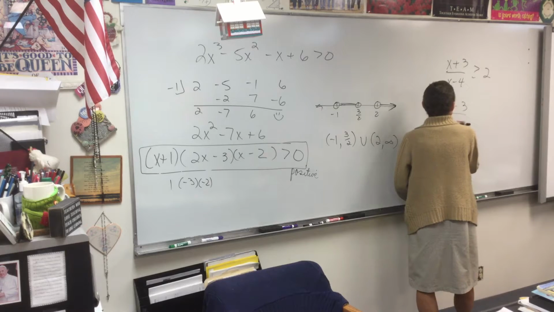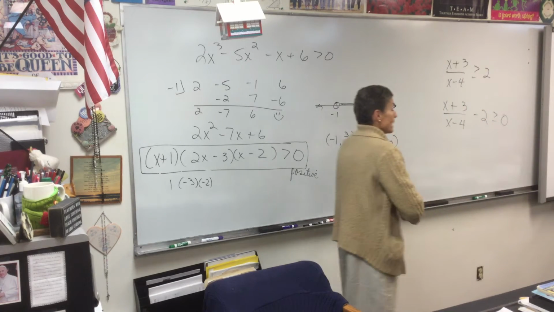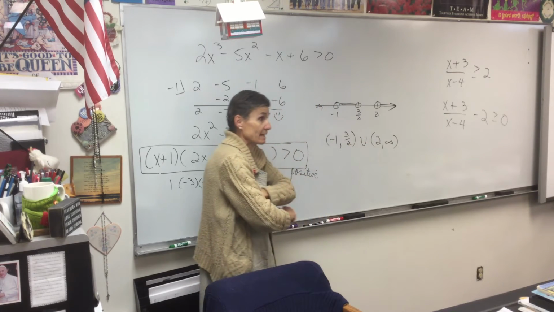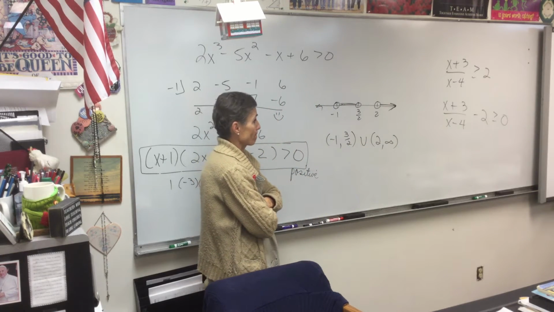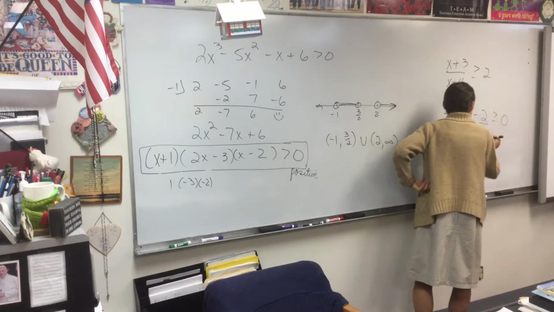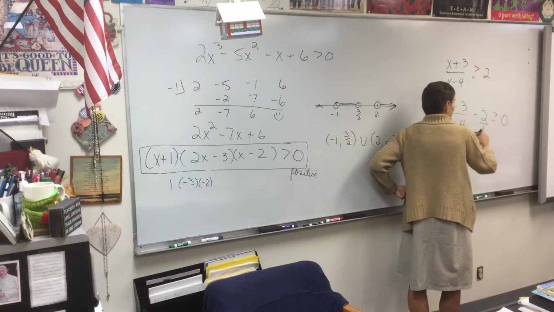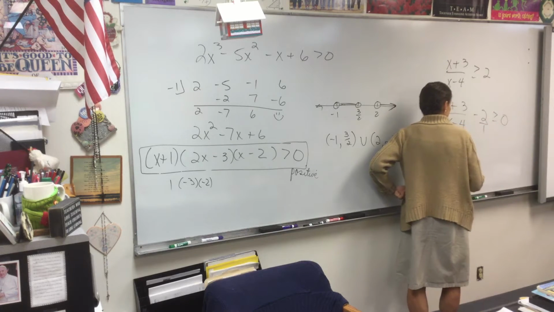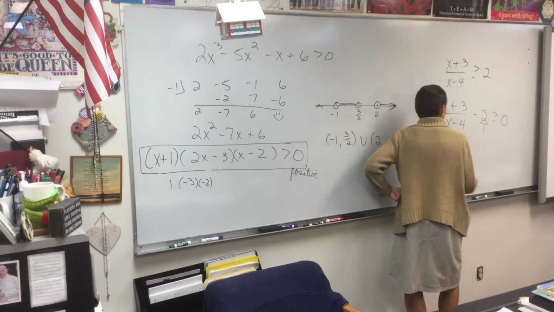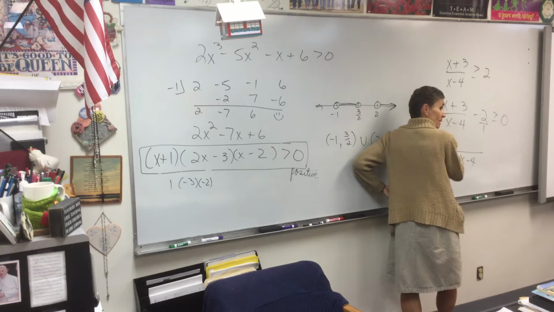We're going to move that 2 to the other side. Now, there's nothing wrong with subtracting. Now, I've got a fraction minus another fraction. I'm thinking of the 2 as 2 over 1. What do I do when I subtract fractions? Get a common denominator, which I think you'll agree will be x minus 4.